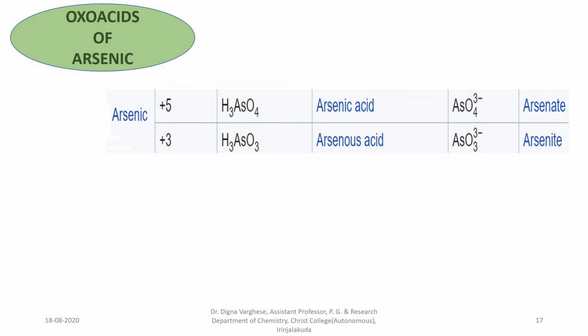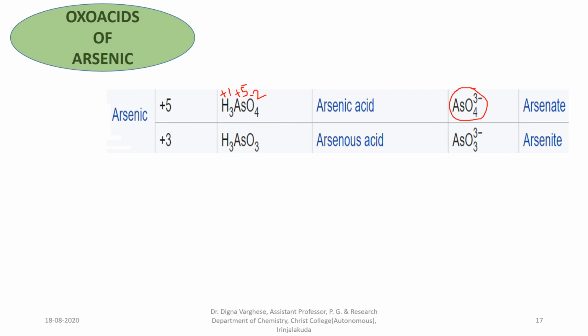In arsenic acid, oxygen shows the -2 oxidation state and hydrogen shows +1. Arsenic therefore shows the +5 oxidation state: -8 here, +3, so +5 is the oxidation state for arsenic acid, and when it ionizes it gives the arsenate ion and 3 protons. So it is a tribasic acid.